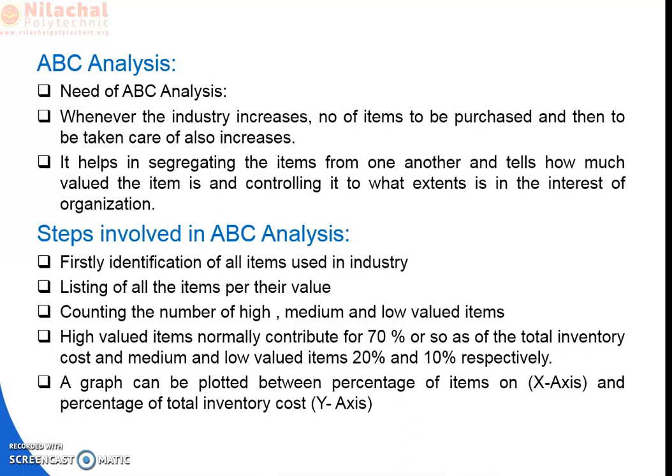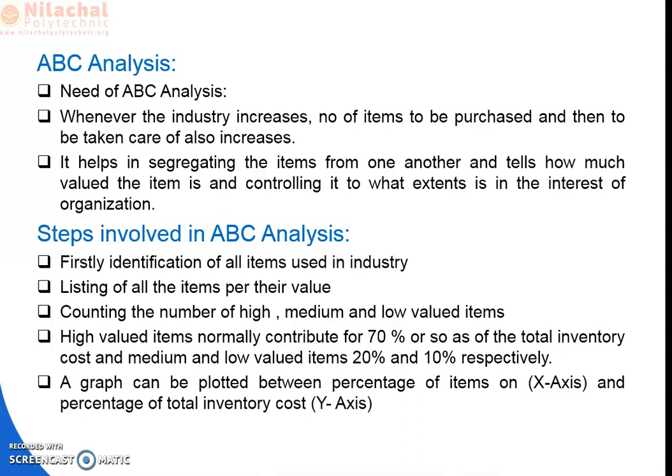in our storeroom we are having different items related to the production system. The items are categorized according to their values and according to their storage. The items are categorized as A type item, B type item and C type item.